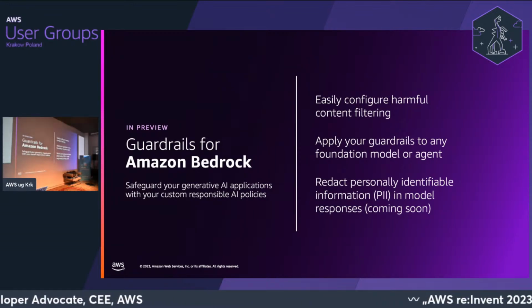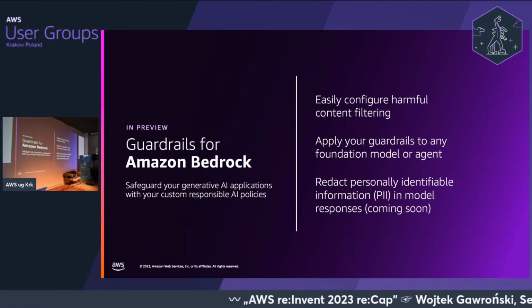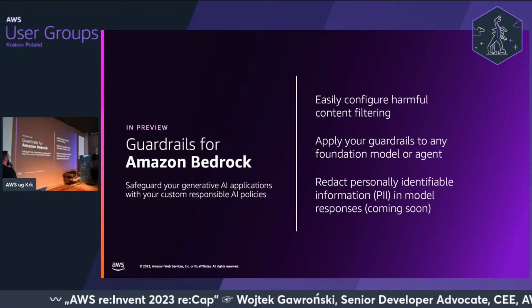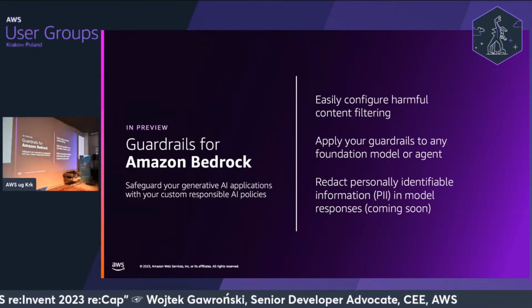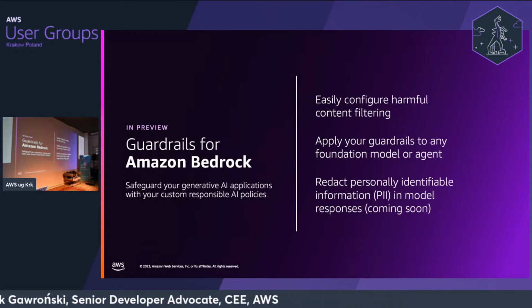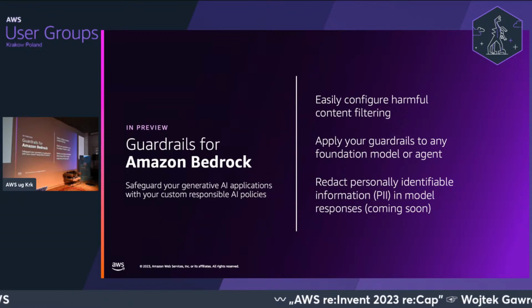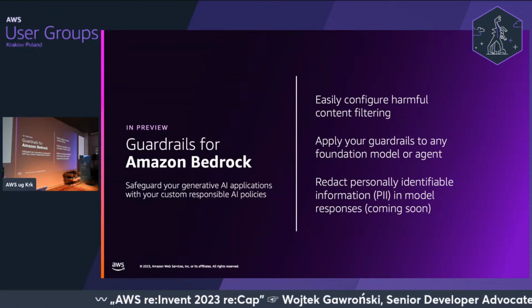So you can apply the guardrails to any foundation model or agent and make sure that those data will be stopped, redacted, or you won't be able to proceed if that data is returned. So this is one of the ways to handle the whole application development lifecycle for generative AI in a responsible way in your organizations.